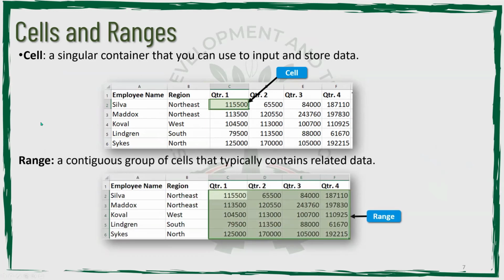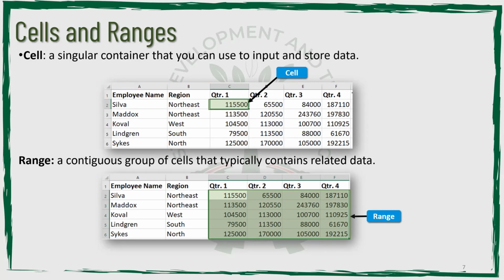On the other hand, a range is a continuous group of cells that typically contains related data. So as you can see, what is highlighted in this green area under range indicates that this is relatable data that has been stored within this area. So cells are singular containers and range is a continuous group that is related within those singular containers.